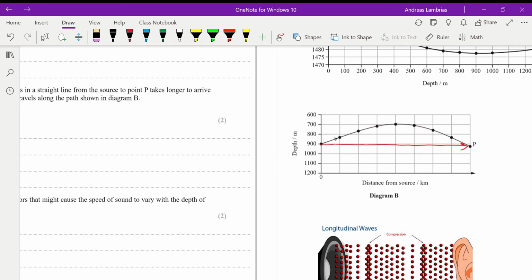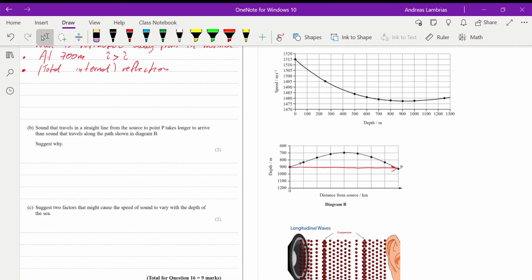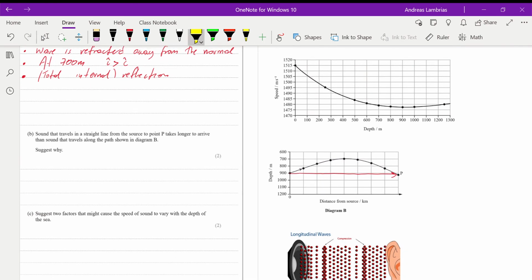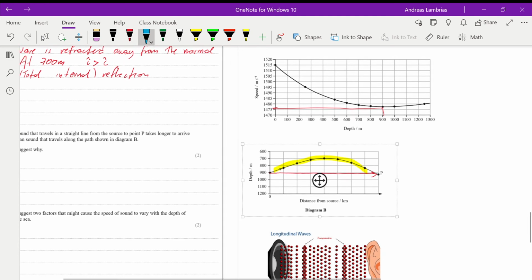So why is this happening? The explanation is on the previous graph. If something is moving at the depth of 900, it will keep the same speed. But the sound that's following that other path is going into less depth, and you can see that the speed is actually higher.